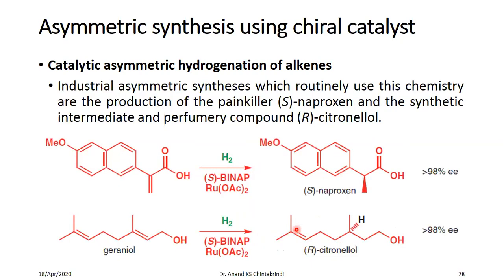S-naproxen and citronellal are synthesized using this chiral catalyst here. This is S-BINAP, and you are having great enantiomeric excess, more than 98%. Citronellal is used in perfumery. It is a terpenoid again, a type of essential oil.